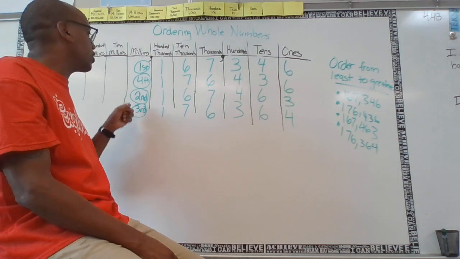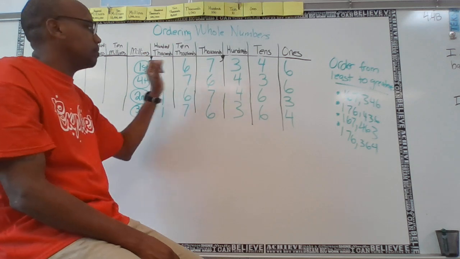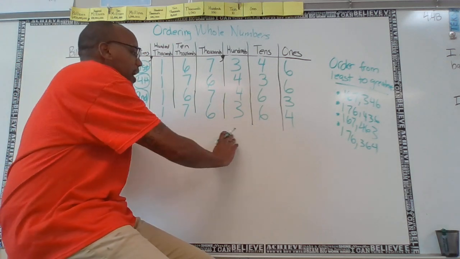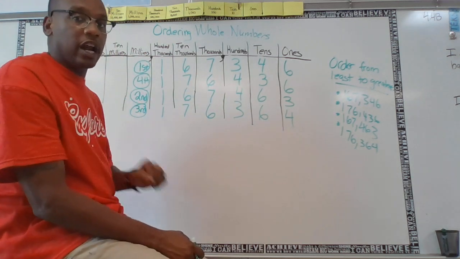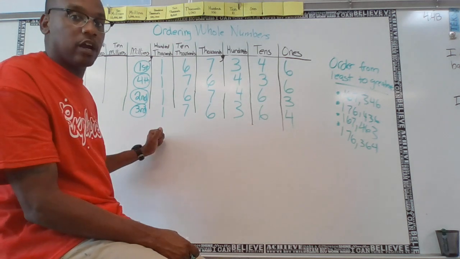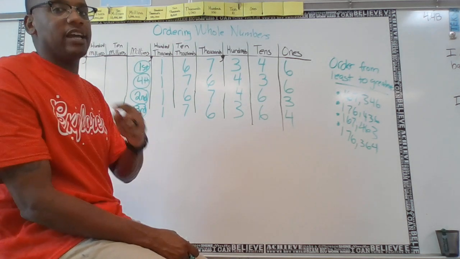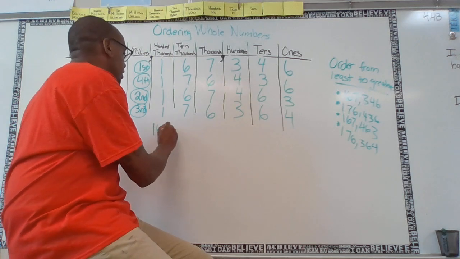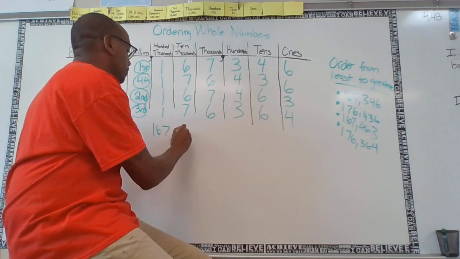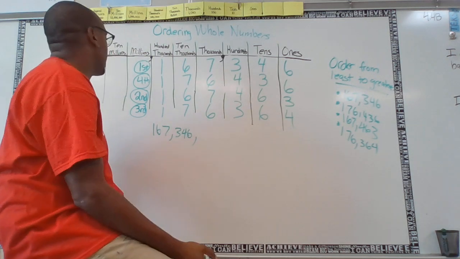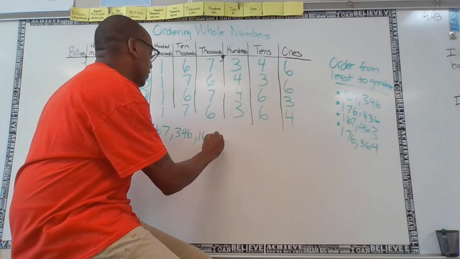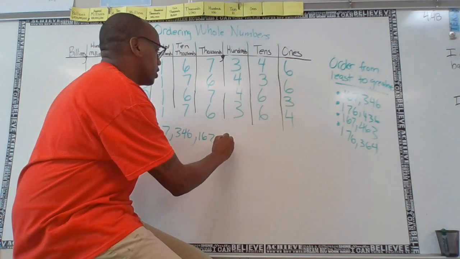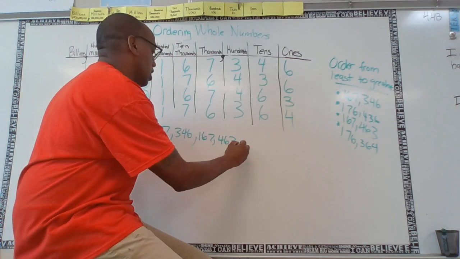So I have ordered them outside, but I'm going to rewrite them at the bottom. The reason why I rewrite them is so I can easily match my rewritten order to my answer choices. So from here, I would say first is 167,346. Then second is 167,463.